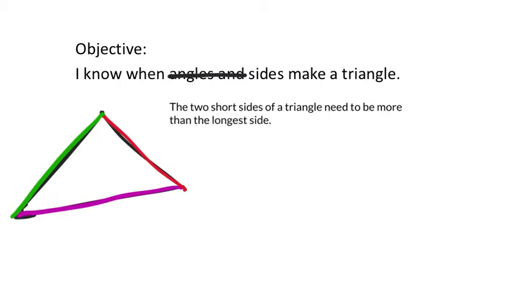Now, we say they have to be more than the longest side, which means they cannot be equal. It definitely cannot be shorter. And hopefully this kind of makes sense, because if we looked at an example where the two side lengths were the same, let's say they were the same, right? So the red side and then the green side, I'll just kind of emphasize this.